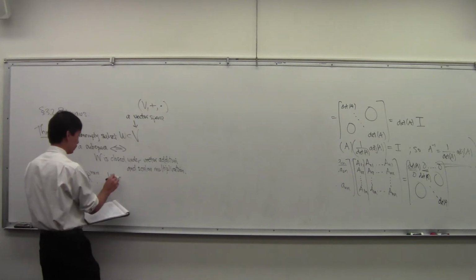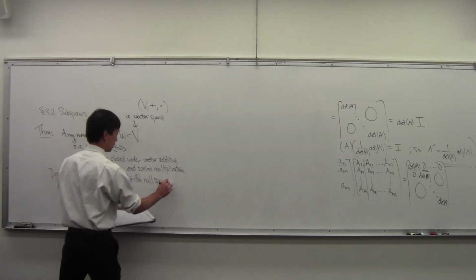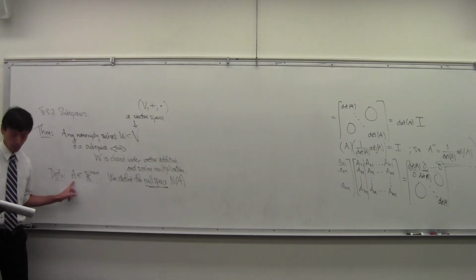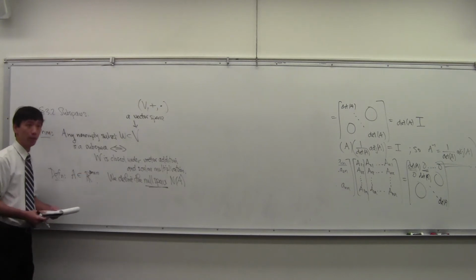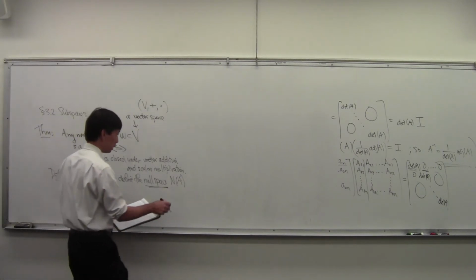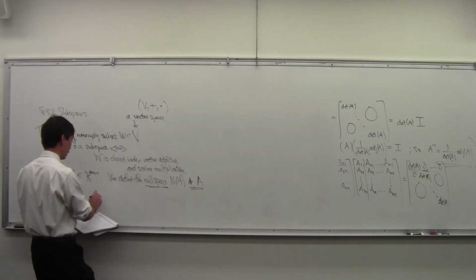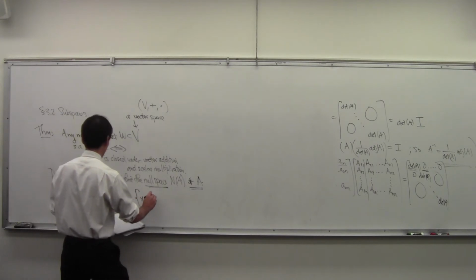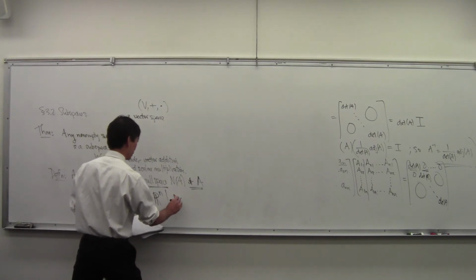We define the null space N of A. You have some matrix, need not be square, some m by n matrix. We define the null space of A. The null space of A is anything in the domain, anything in Rn, such that Ax equals 0.